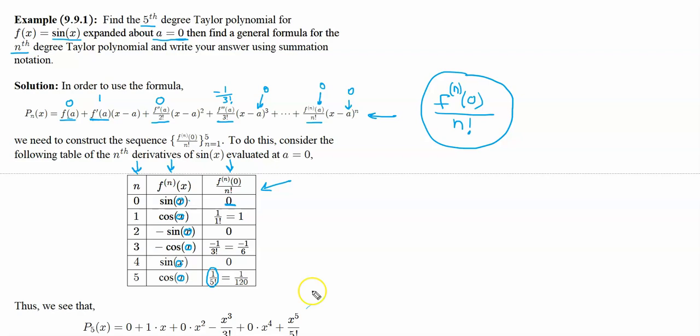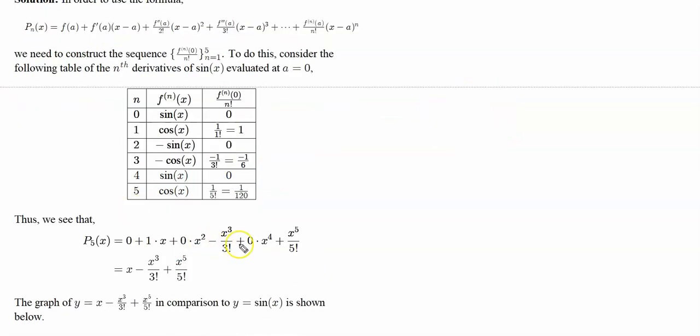Let's take a look at it. So here we have our 5th degree Taylor polynomial. Notice we have 0. This 0 is that one, plus 1 times x minus a to the first power.